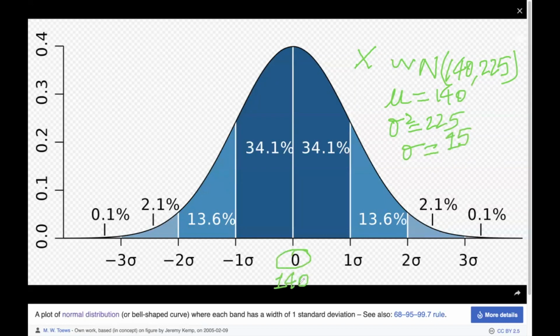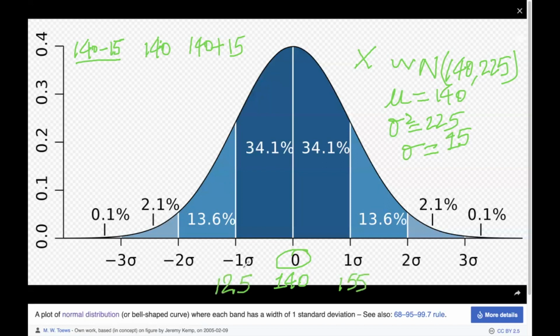Since 140 is my mean, so 140 plus 15, this is my first standard deviation. So how can I find out this value? 140 is my mean value. So 140 plus 15 is my first standard deviation, and 140 minus 15 is my first standard deviation. So this is my 155 and this is my 125.